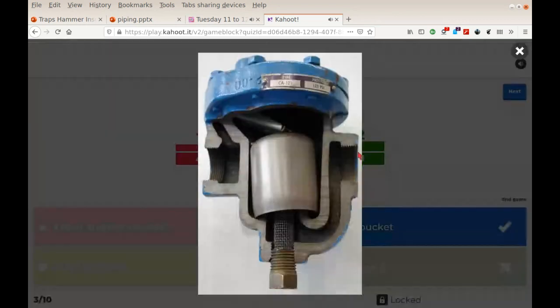Yes, you got it, inverted bucket. So there is the actual bucket.